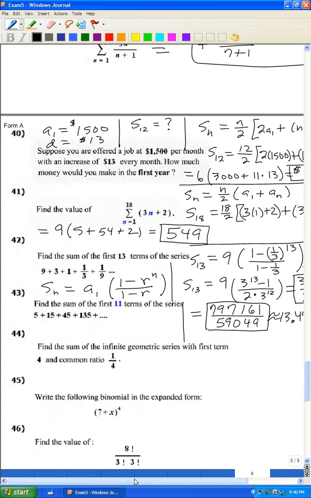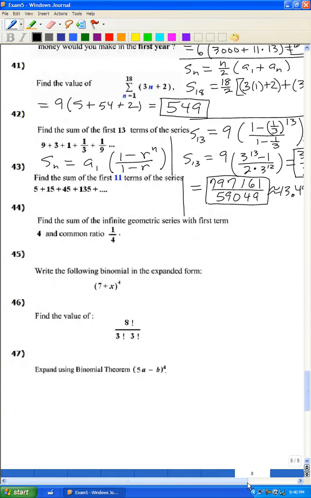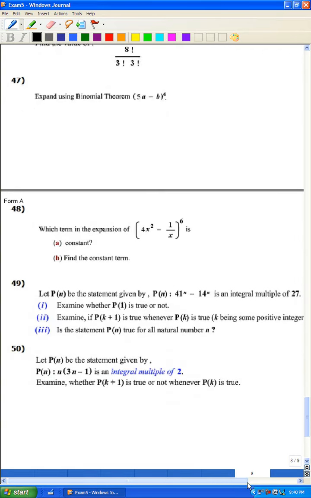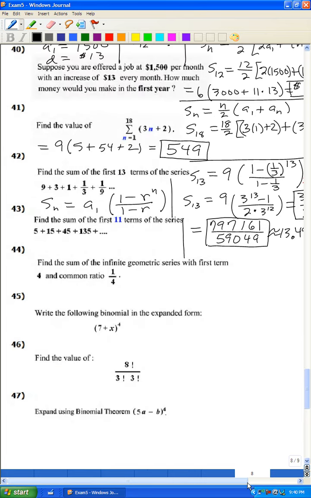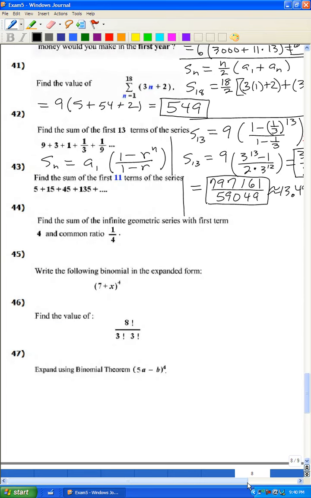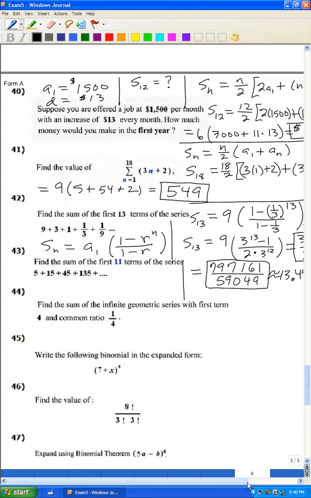Let me do problem 43. Find the sum of the first 11 terms. Why don't I add a page so that I can do that.